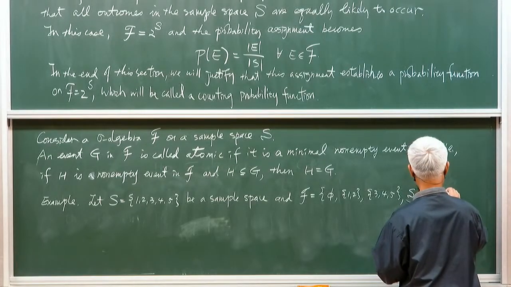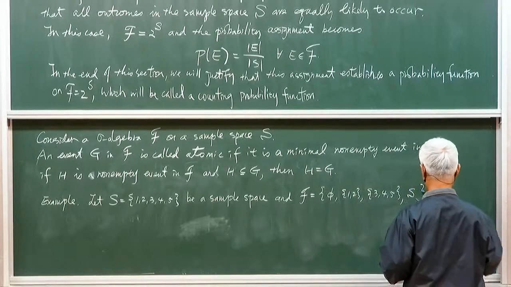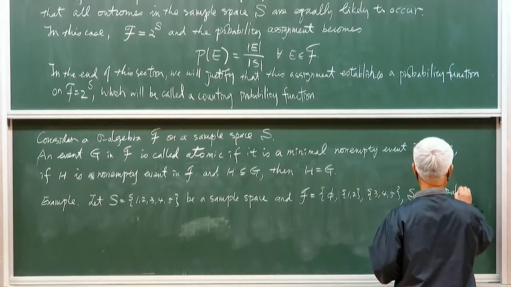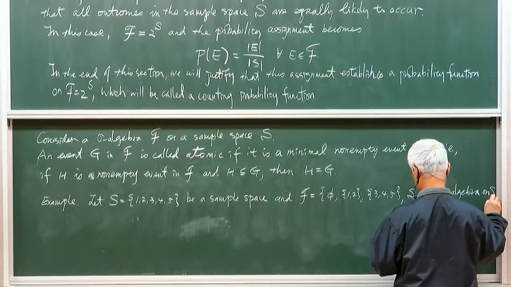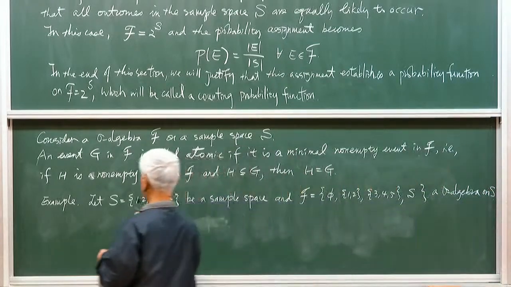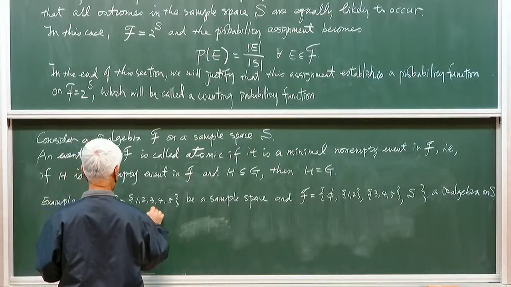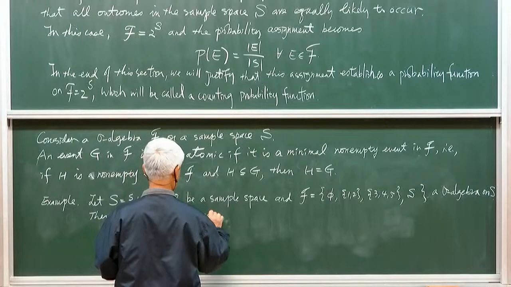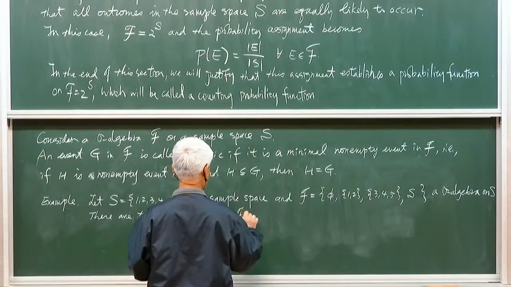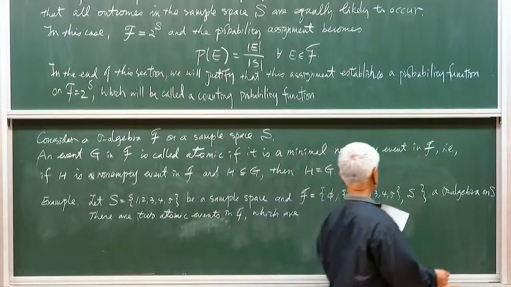So this is a sigma algebra on S. Here we can see there are exactly 2 atomic events in F. What are the atomic events here?